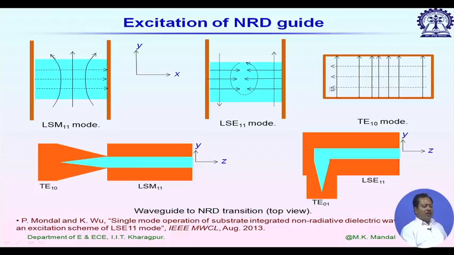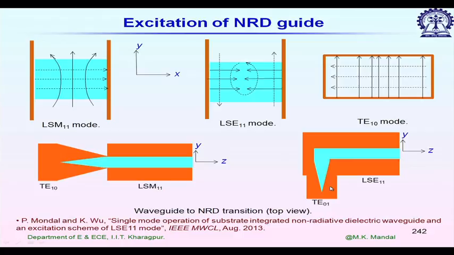So, we can't simply place a rectangular waveguide on top of it, because we have both left hand side and right hand side components and they will cancel each other's effect. So, we have to use a different scheme. Rather than electric field, we can excite this LSE11 mode from an aperture on the ground plane using, let us say, magnetic field coupling.